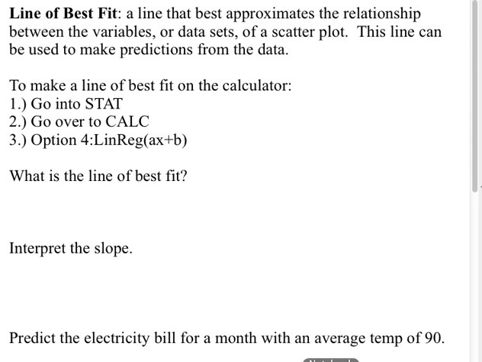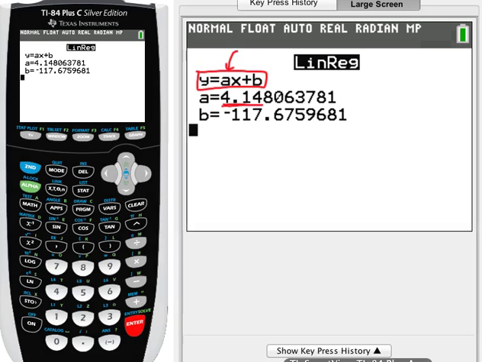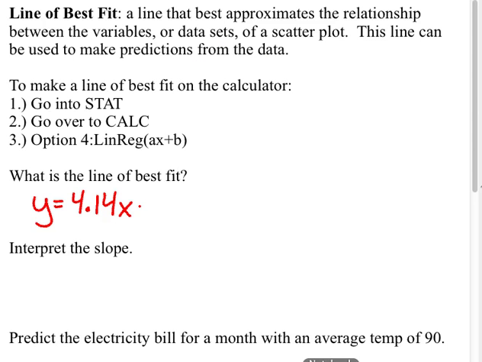So if I'm going to write the equation of the line of best fit, 4.14x, and then this is going to be my b, my y-intercept, so negative 117.68. All right, so that is my line of best fit.